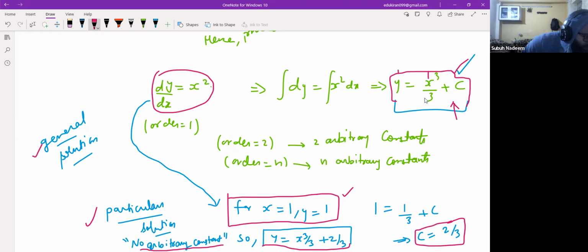The 12th one says the number of arbitrary constants in the particular solution of a differential equation of third order are. Particular solution, how many arbitrary constants will you find? So 0. 0, correct. That is the answer.